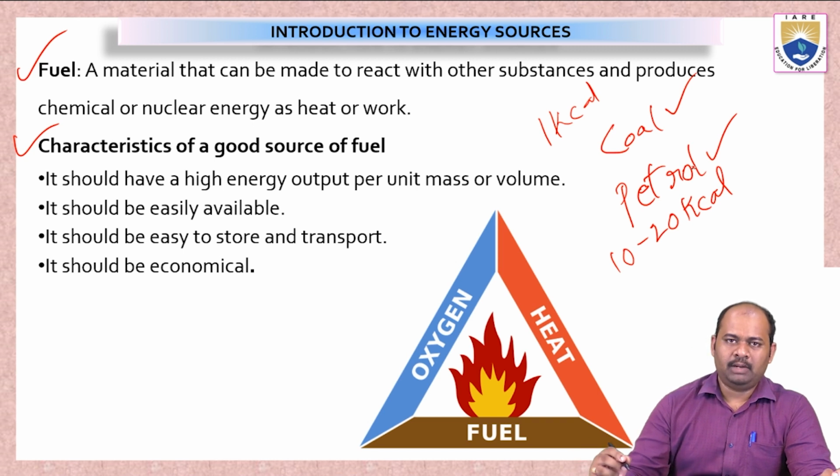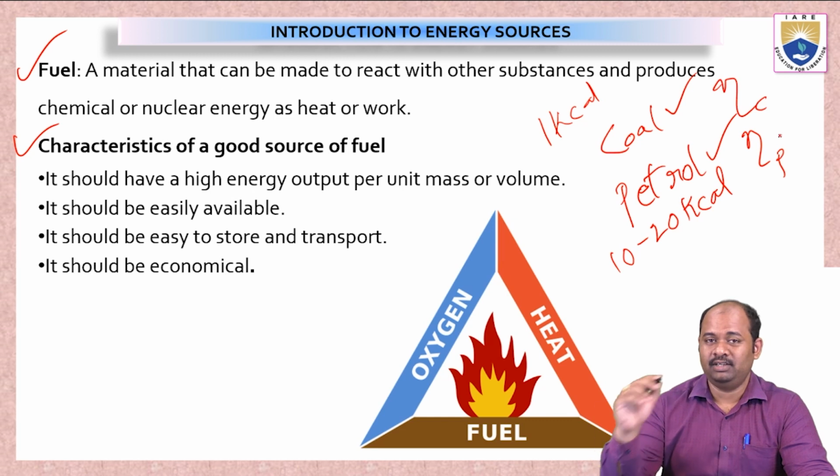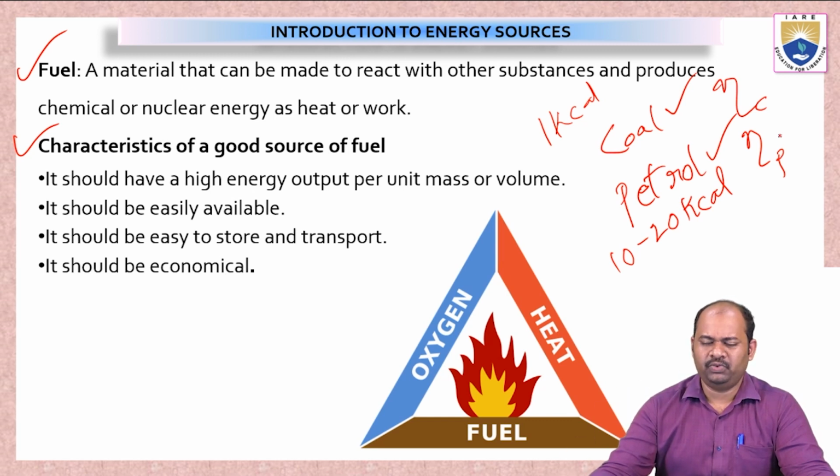When we compare the efficiency of petrol and coal, the efficiency of coal is very low when compared to petrol when they are used in small quantities, because petrol is highly inflammable, and even a small droplet of petrol can easily burn and produce some amount of heat.